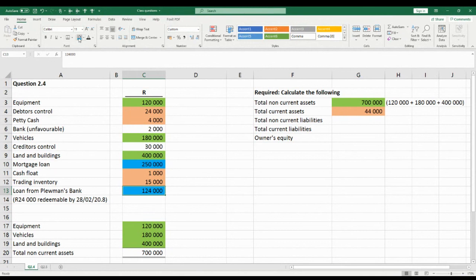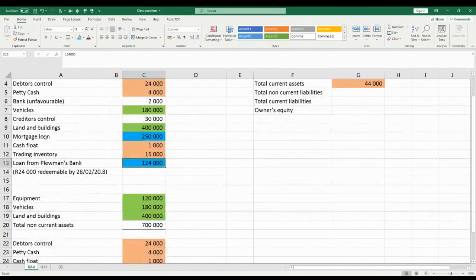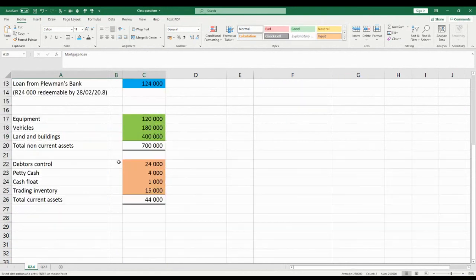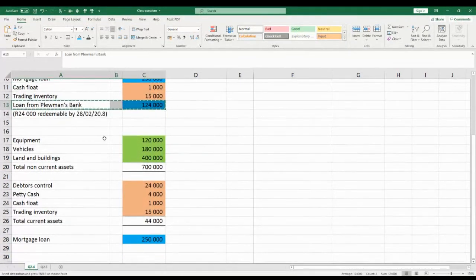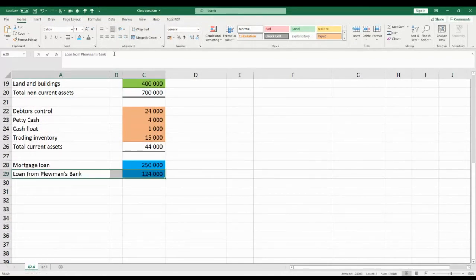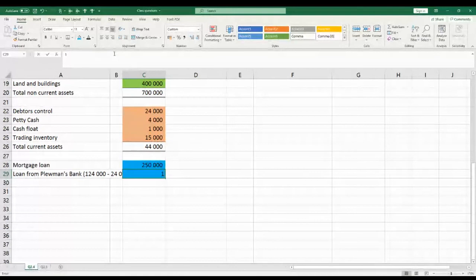Okay, yes, tomato. So the 24,000 is redeemable. When they say it's redeemable, it is payable by the 28th of February 2028, which is within 12 months. So when we work out our non-current liabilities, we are going to take this 124,000, but we are going to deduct the 24,000, which is actually current, which changes this to 100,000.